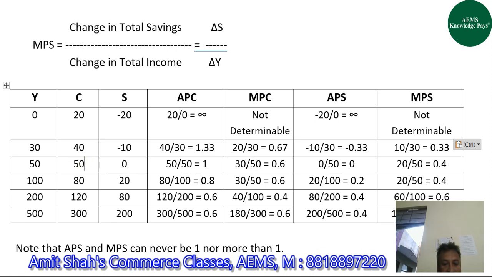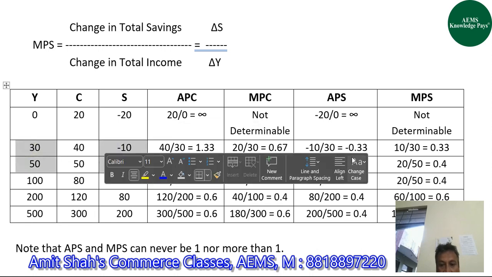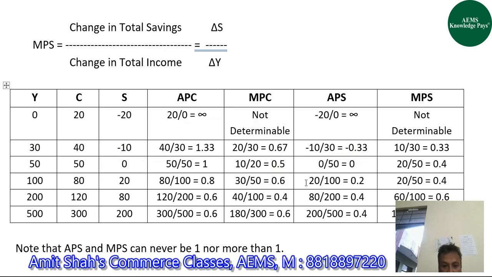So for the third, the MPC is how much change? 10 divided by 20. That is 0.5. And here change is 10 divided by 20, 0.5.